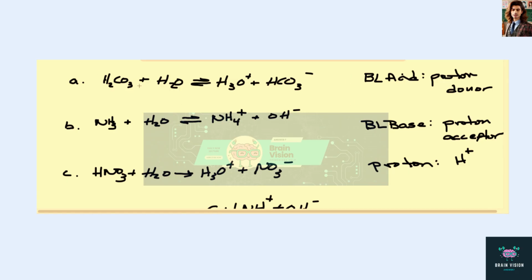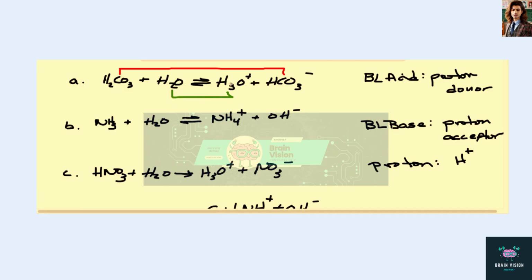So let's take a look at the first one. H2CO3 plus water is in equilibrium with the hydronium ion and the bicarbonate ion. The first thing you should do is find two pairs of substances that differ by an H. If we take a look, H2CO3 and HCO3 minus differ by an H, and the water and the hydronium ion differ by an H. These are our pairs.